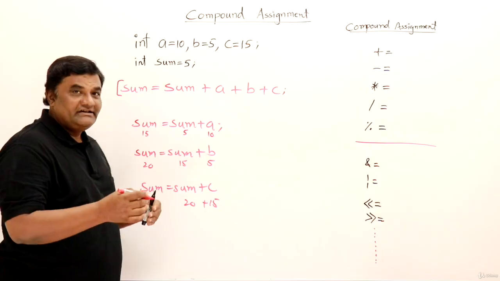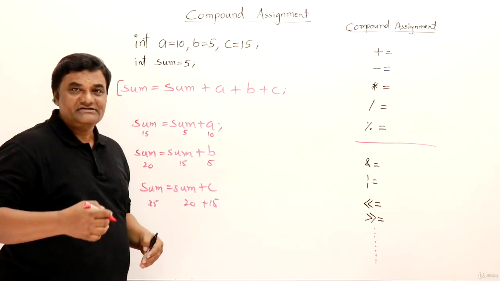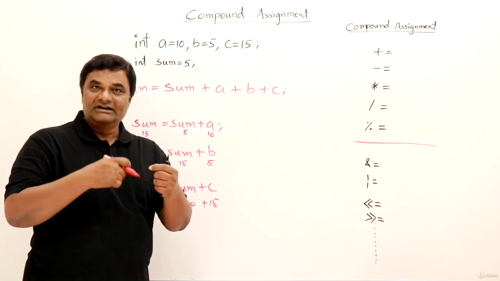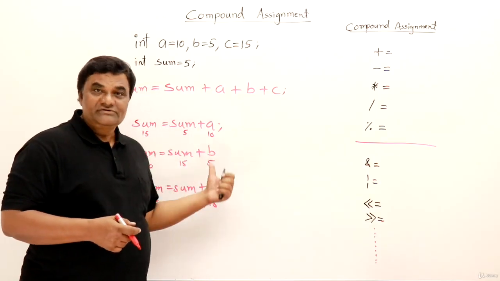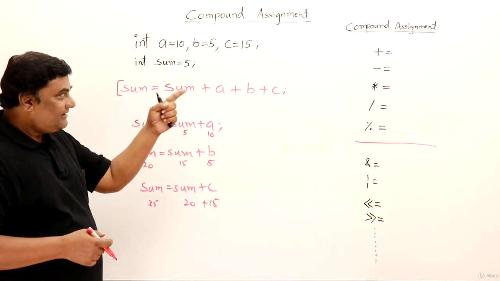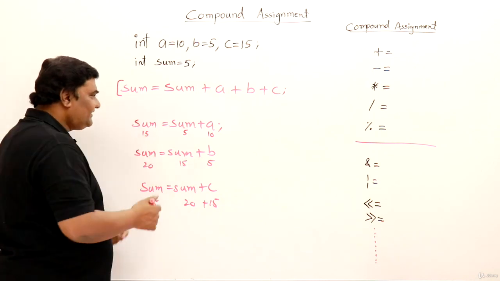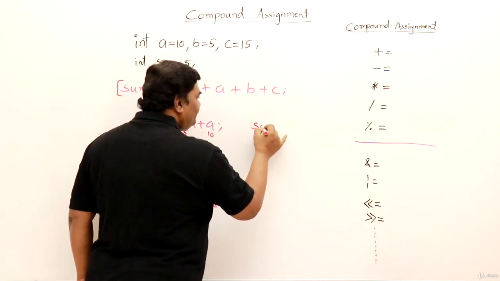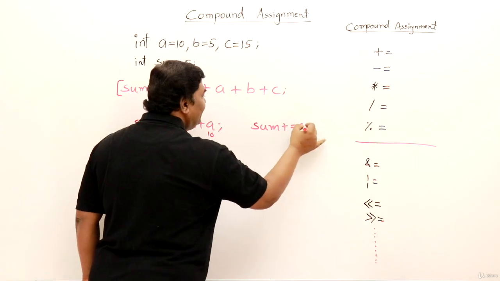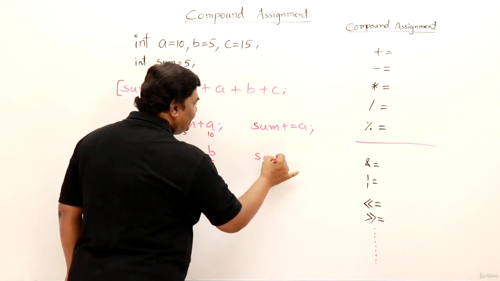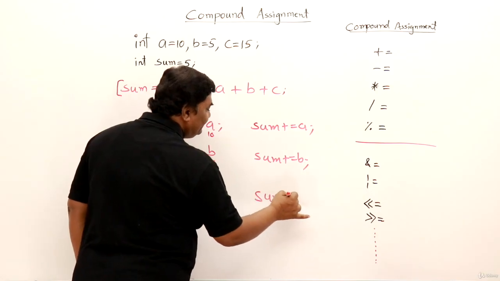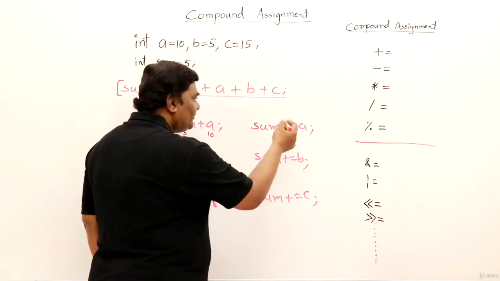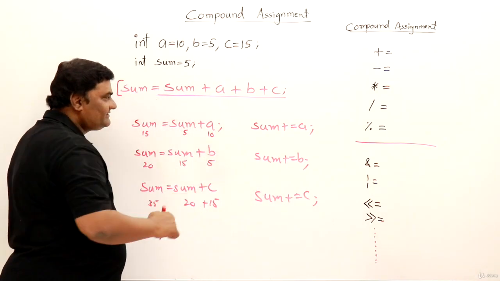Sometimes in our programs, in the coming sections, we will see that we have to add multiple values one by one. In such situations, we use this type of operator, that is compound assignment. So the same thing I can write like this now: sum plus assign A, sum plus assign B, sum plus assign C. So the same statements are written like this now.